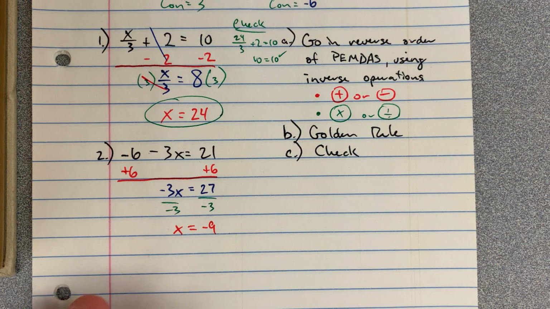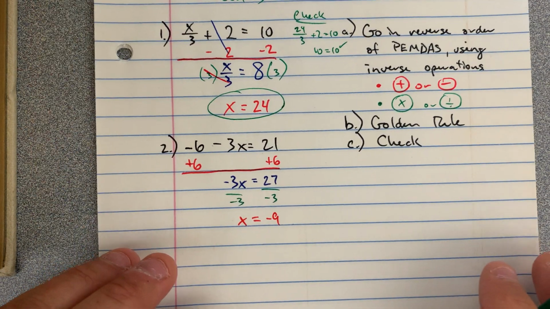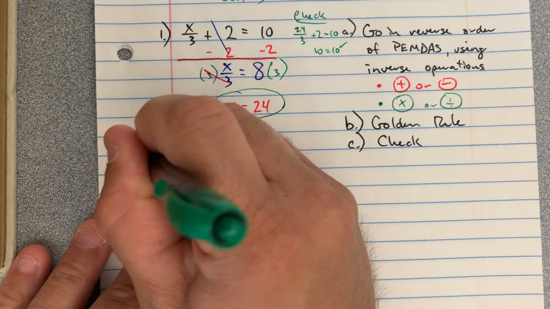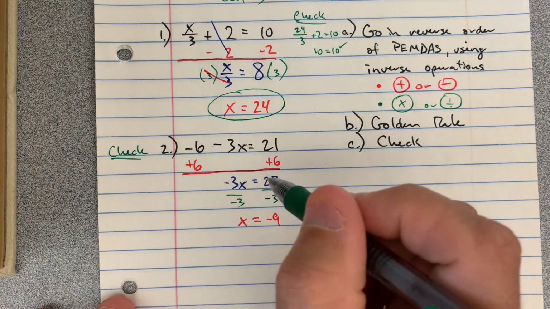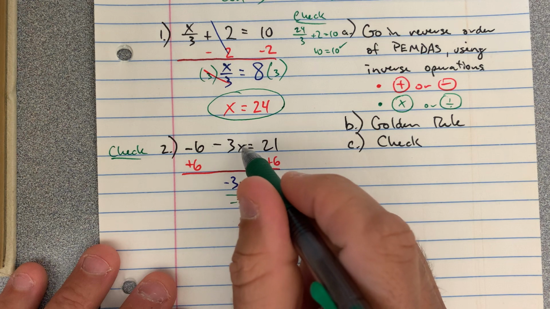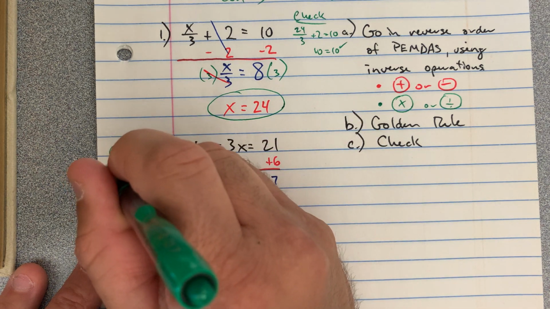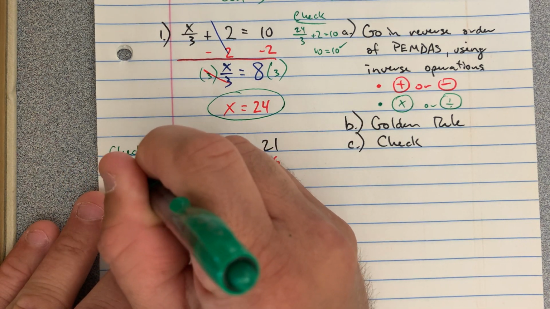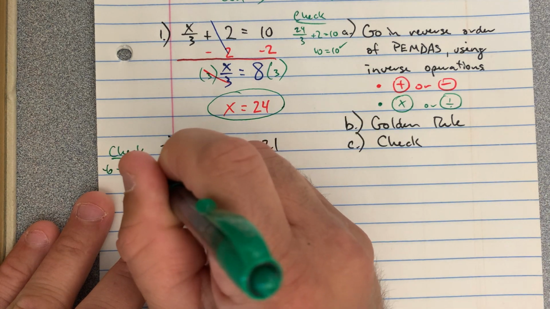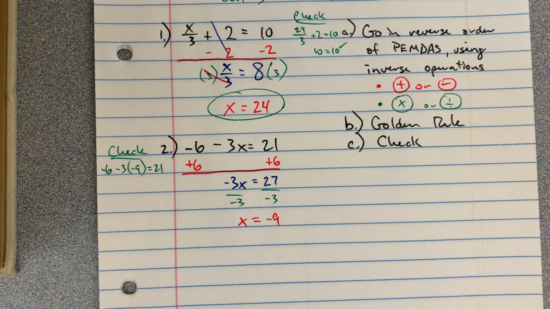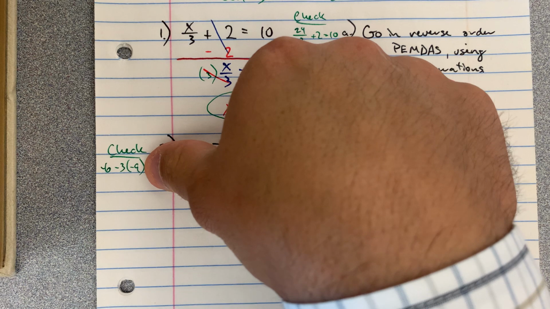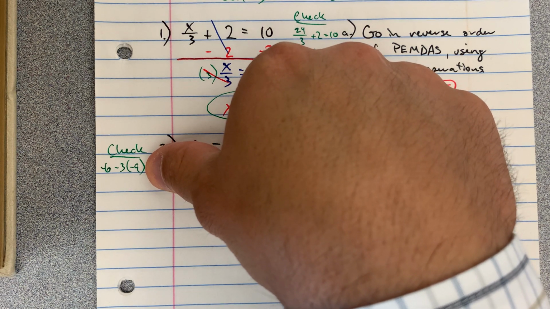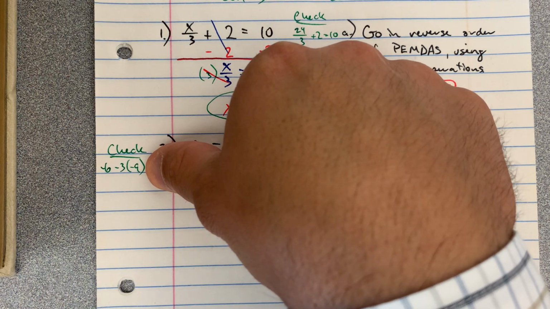But just in case, let's come over here and check. Negative 9 is going to plug in for this x. So I have negative 6 minus 3 times negative 9, and hopefully that equals 21. All right, now I'm going to solve this left side on its own. I have to do order of operations.